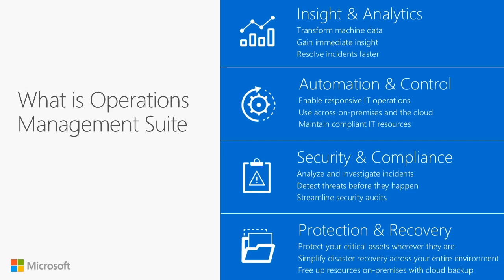Respond faster to security threats. Identify emerging threats to protect your critical data workloads. And protection and recovery. Ensure availability of apps and data. Simple, automated data protection and disaster recovery in the cloud. Those are the 4 value props for OMS, but this presentation focuses on security and compliance.